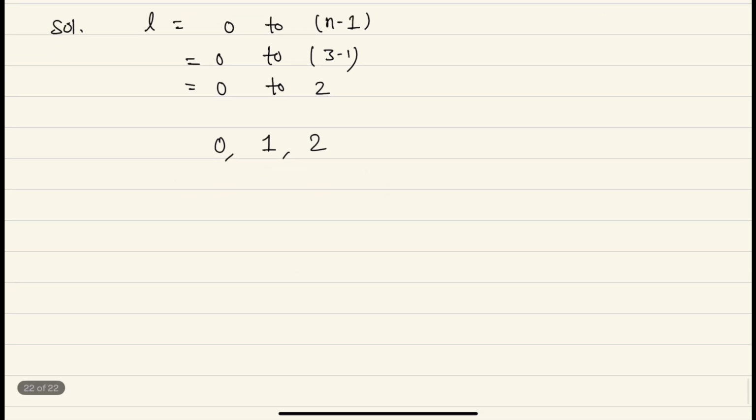Right? And now we know that L equal to 0, 1, 2. So 0 means S subcell, 1 means P subcell, 2 means D subcell. Right?